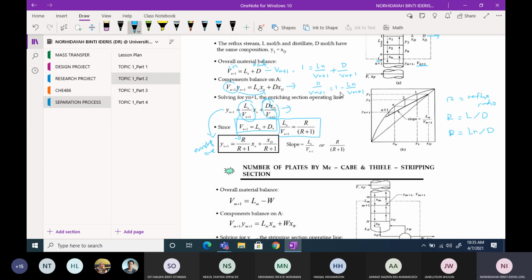You know that this Ln over Vn plus 1 is actually equal to what? Ln over Vn plus 1 is equal to, so Ln over, sorry, Ln. Okay, I made a mistake here.